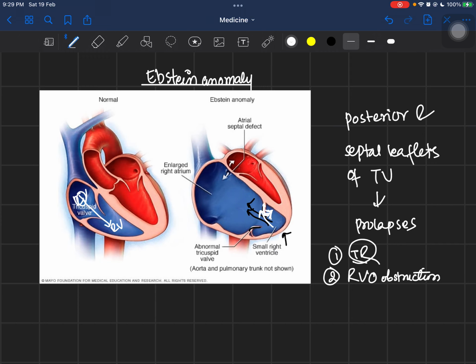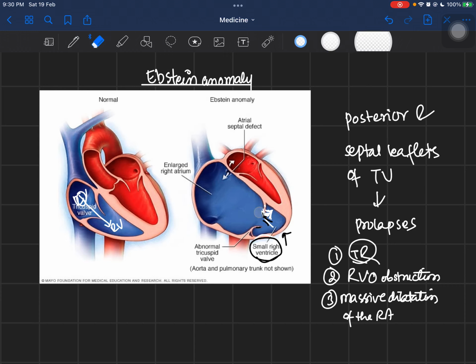Because of tricuspid regurgitation, there is massive dilatation of the right atrium, and subsequently the right ventricle is also small. Why? Because most of the blood that comes into the ventricle is being regurgitated back into the atrium itself. Another thing that this prolapse causes is atrialization of the right ventricle.